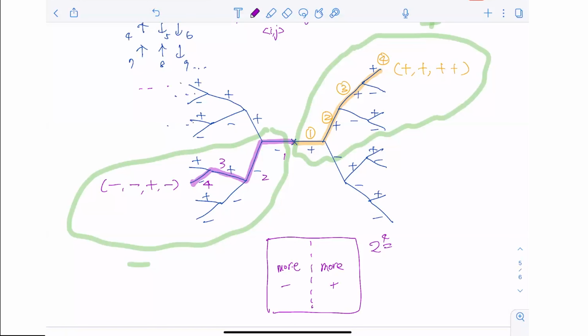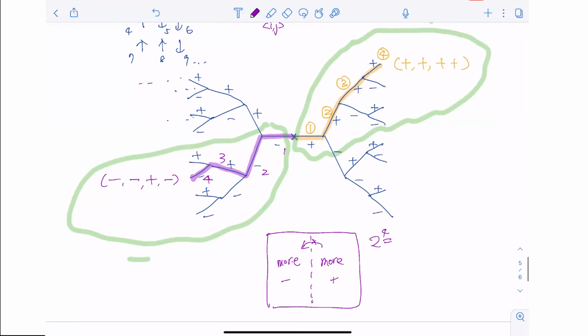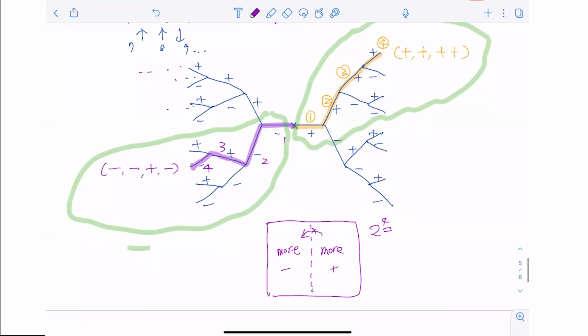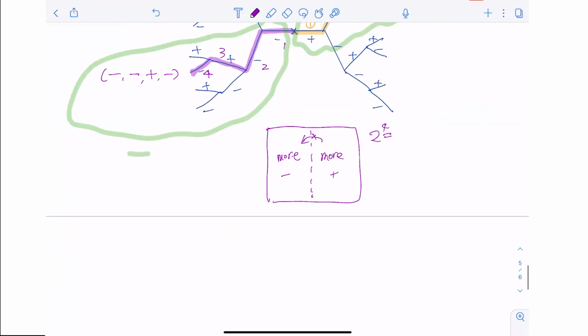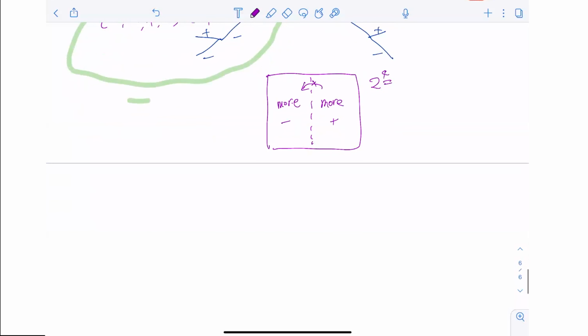And when the tree is exponentially large, it is going to be exponentially difficult to go from the branch with more plus to the branch of more minus. So that means your phase space is to some extent becoming separated into 2 subspaces. That's why this is called ergodicity breaking. Okay, so this is the simplest case of ergodicity breaking, and also with important implications for spontaneous symmetry breaking.